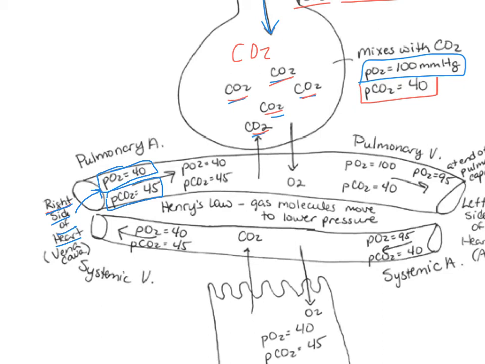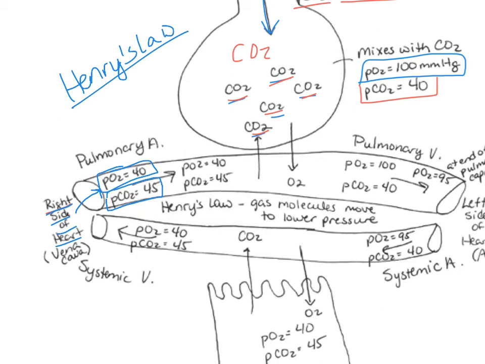So another law that we have is called Henry's Law. Basically, what Henry's Law is saying is that gases are going to be squeezed out of one solution and into another. The gases are going to move from a high partial pressure to a low partial pressure, right?